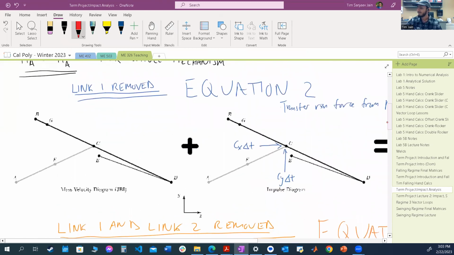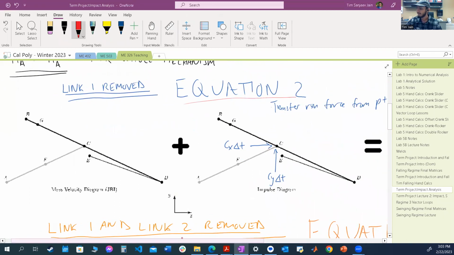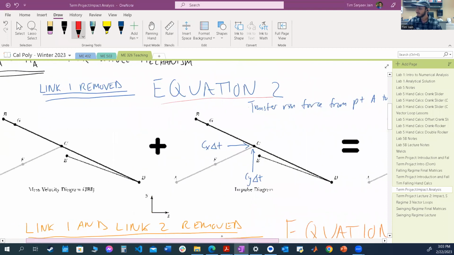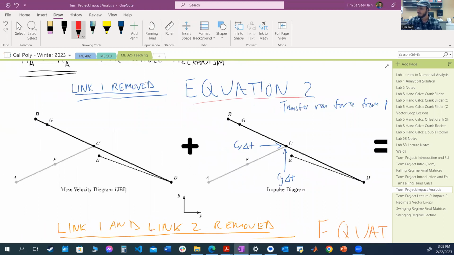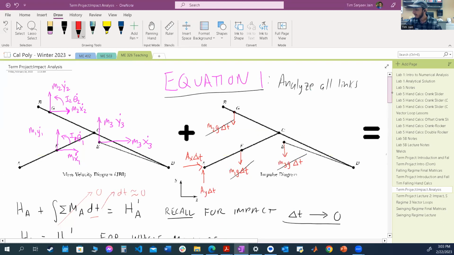Link 1 is removed to form equation 2. That means that link 2 and link 3 are the only ones that are analyzed, and as a result, I did not draw out the MV terms and I omega terms, so you need to draw them.